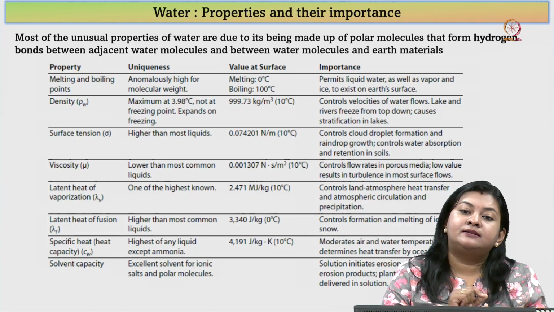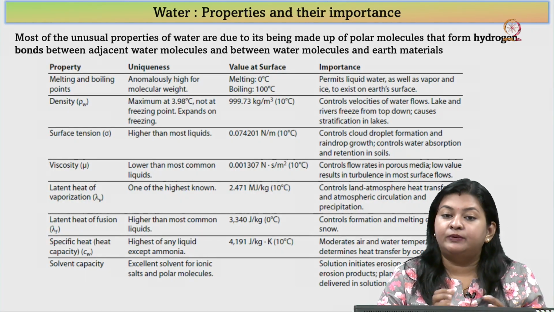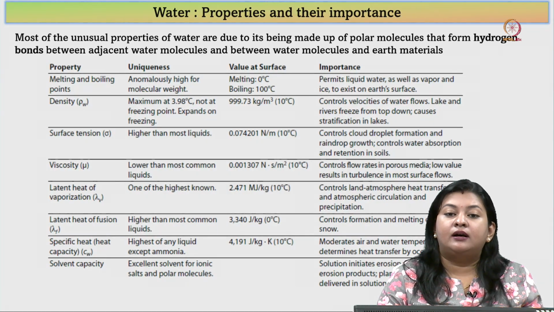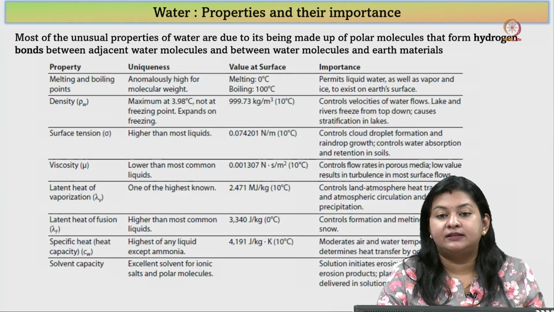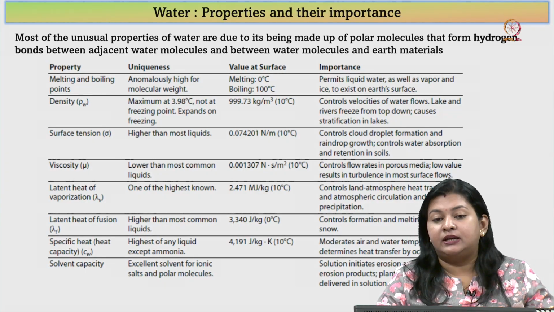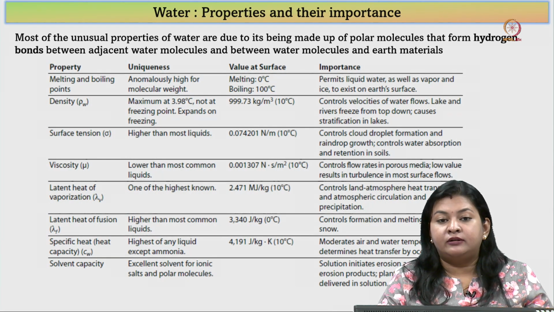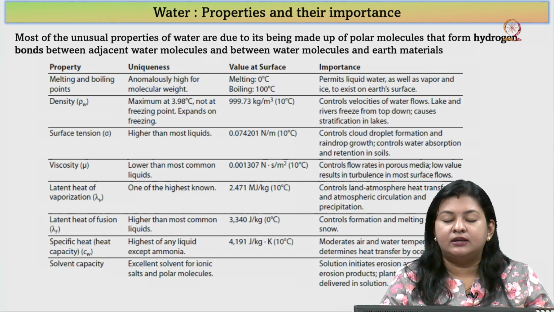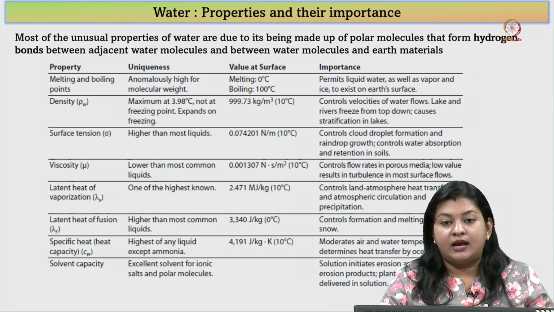Again, that is very important in our hydrological cycle, in the movement of energy and in causing such circulations. Specific heat capacity of water is how much heat is required to raise the temperature of water, per degree centigrade, and that moderates air and water temperature.